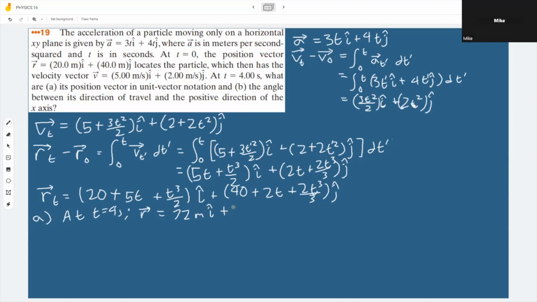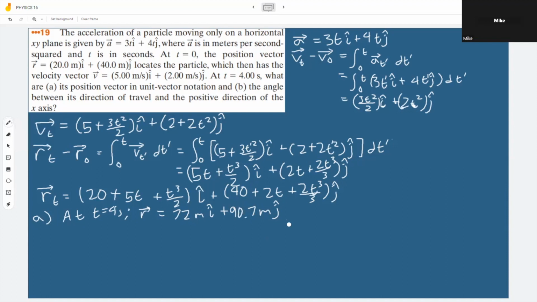Ayan, 20 plus 5 times 4 plus 4 cubed over 2. So 72.